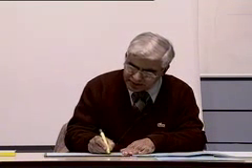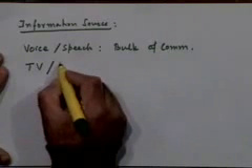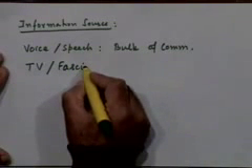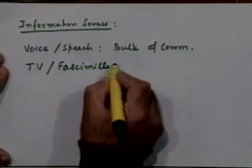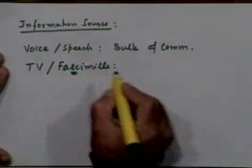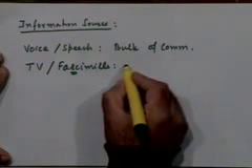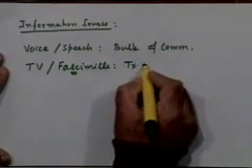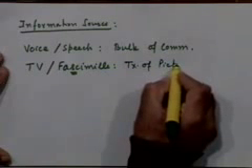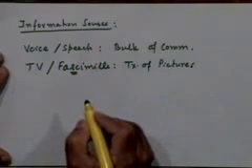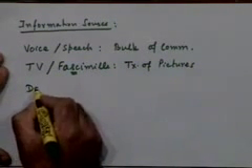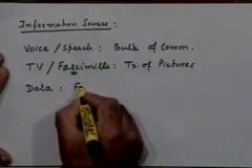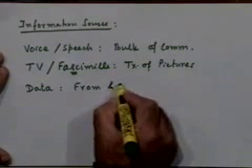It could also be still pictures, for example, facsimile. I think I got the spellings wrong, but never mind. So this is transmission of pictures. It could be data from computers, from and to computers.